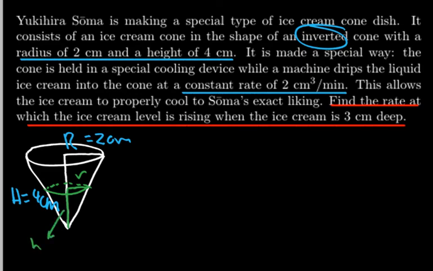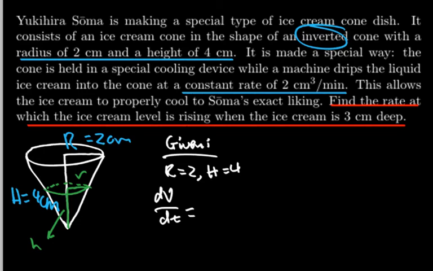Okay, so what are we given? We're given that big R equals 2, and big H equals 4. And also the volume is changing because it's centimeters cubed per minute. So the thing is filling at that rate. dV/dt equals 2.